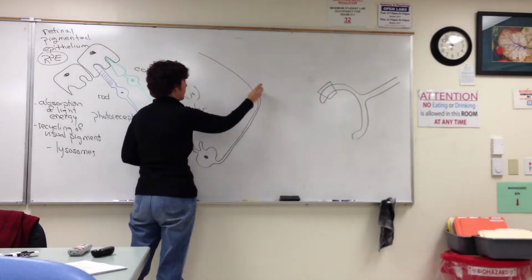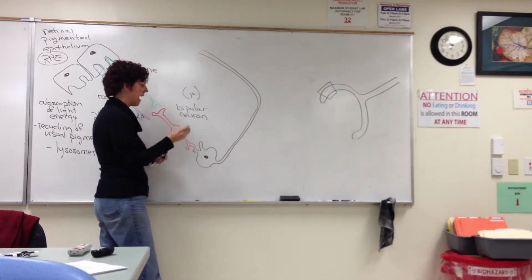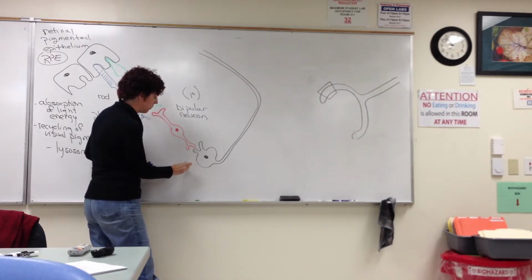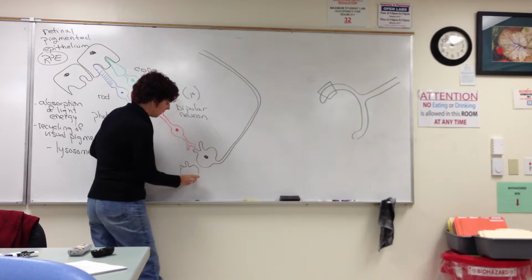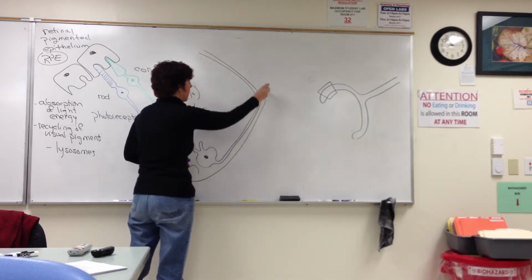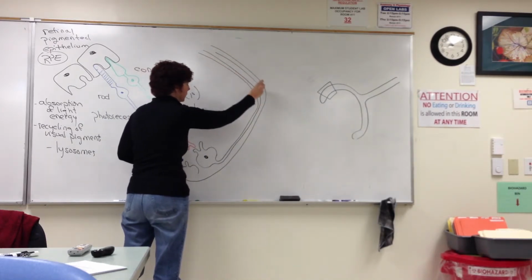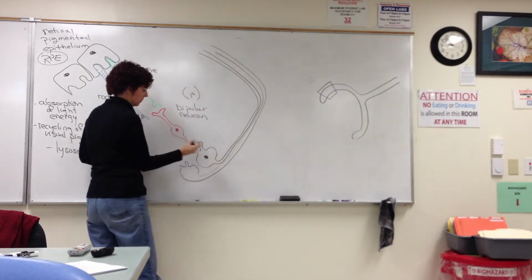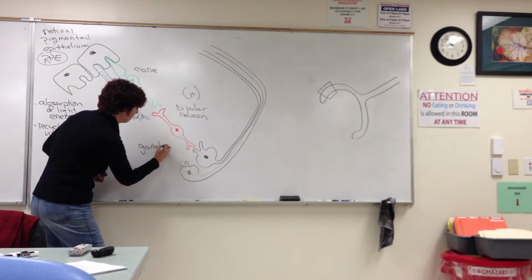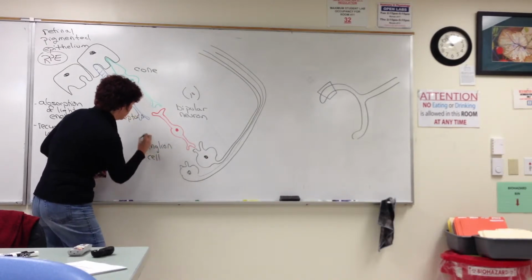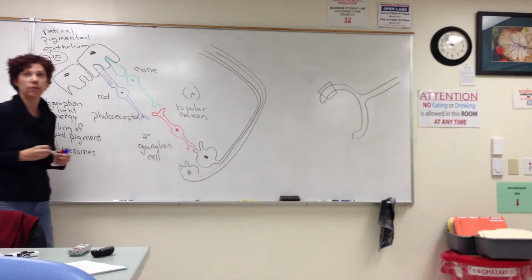And these pass out of the eyeball. And it is the axons of multiple ganglion cells that form the optic nerve. So this would be the equivalent of the second order neuron.